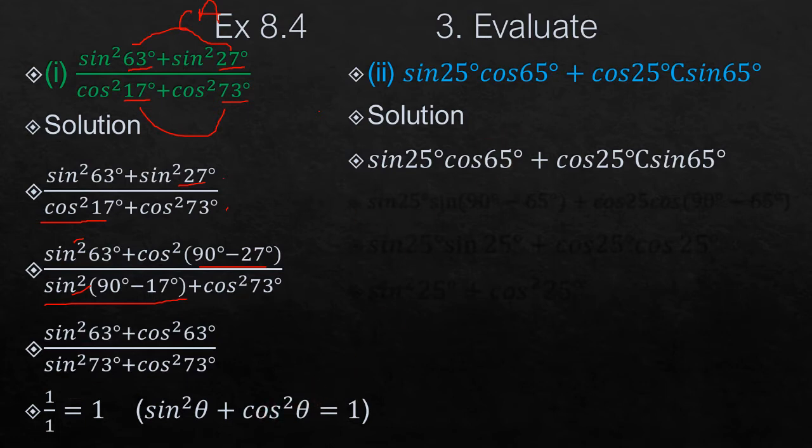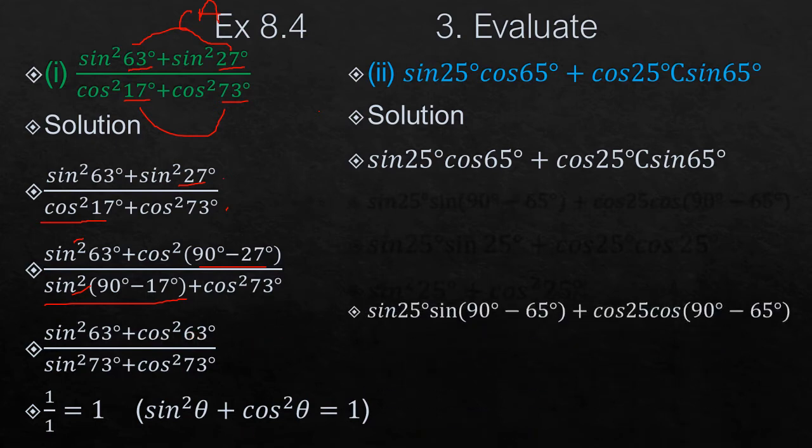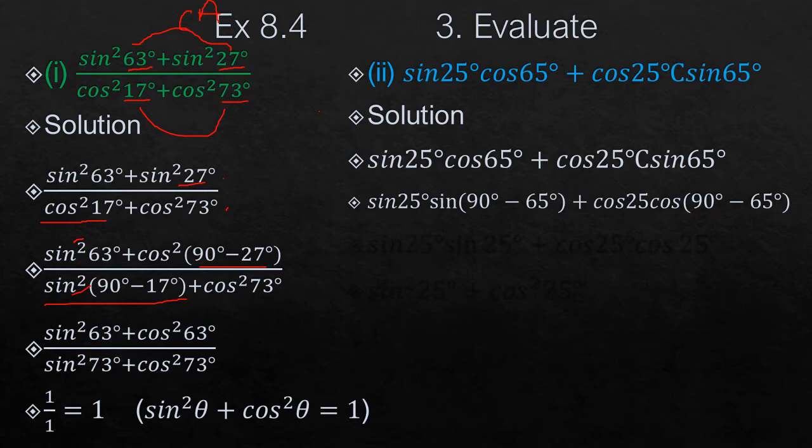Okay students, now you get the formula. Look here, sine square theta plus cos square theta is equal to 1, as we have studied in the last video. Similarly, in the denominator also, sine square theta, that is 73 degree, plus cos square theta, here theta is 73 degree, this is also equal to 1. So 1 upon 1 is equal to 1, that is we used this formula.